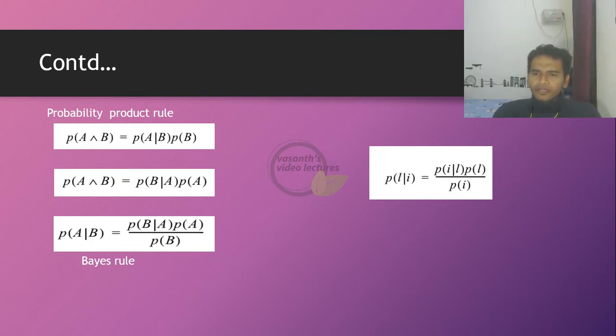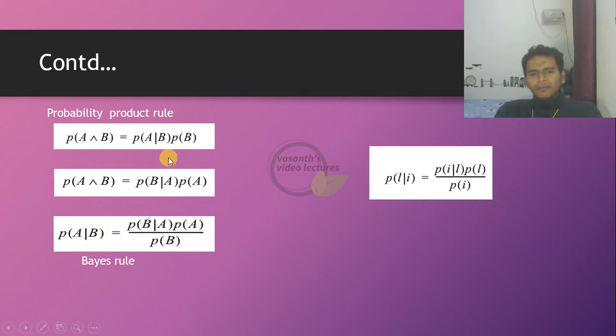Then we have the Bayes rule, which says the probability of A given B is equal to the probability of B given A into the probability of A, divided by the probability of B. That's the fundamental rule.